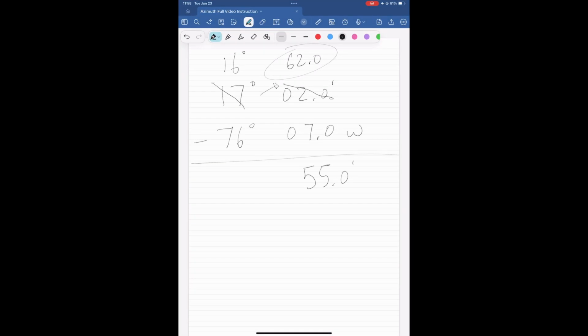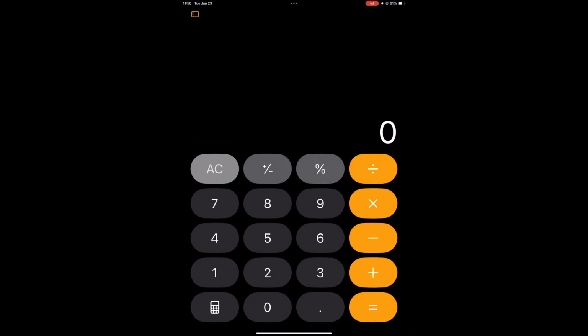All right. 16 minus 76. Sorry. So we have a minus 60 here, but we know we can't have a negative LHA. So anytime you have a negative number, you're going to add 360. And anytime you have a number greater than 360, you're going to subtract 360. So if you had 361 or anything above that, you're going to subtract 360, and that will give you your LHA.